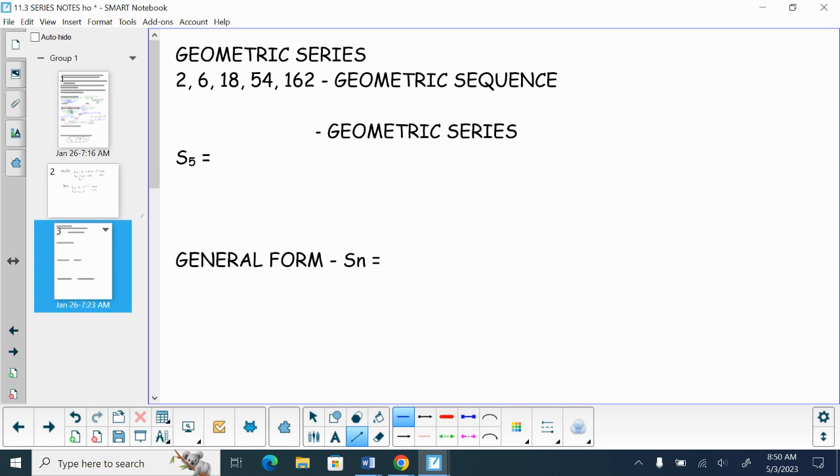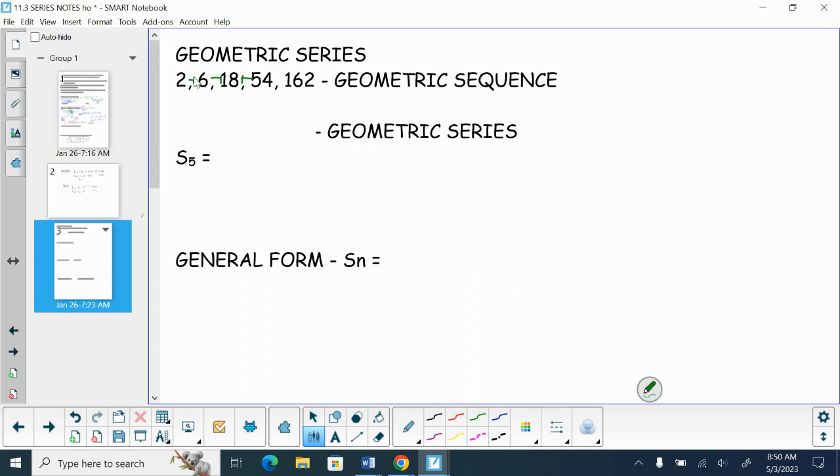The geometric is not as exciting of a mathematical issue as the arithmetic was. You can do a lot of mathematical wizardry with the arithmetic, but with geometric, it's a little bit more cut and dry.